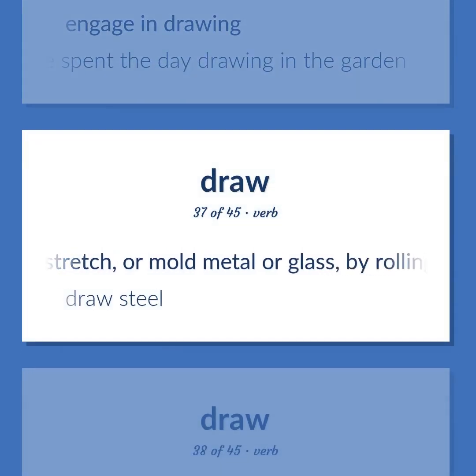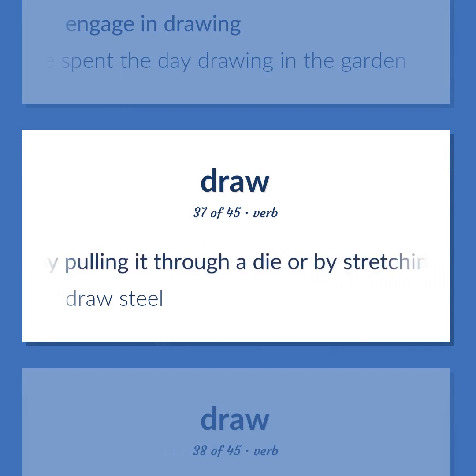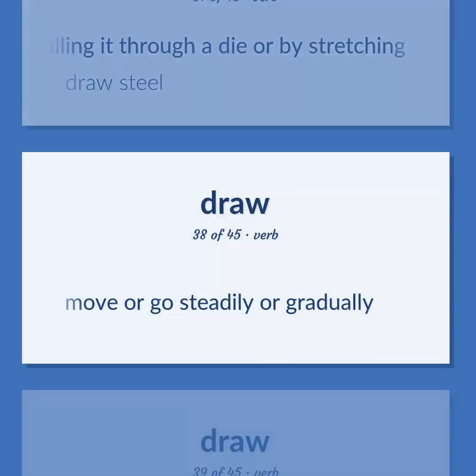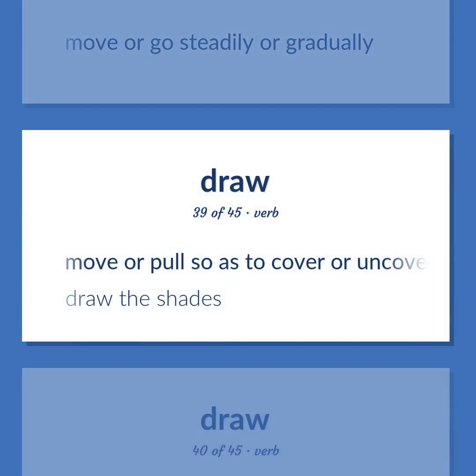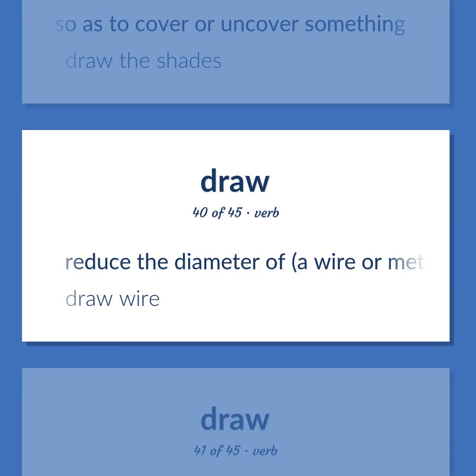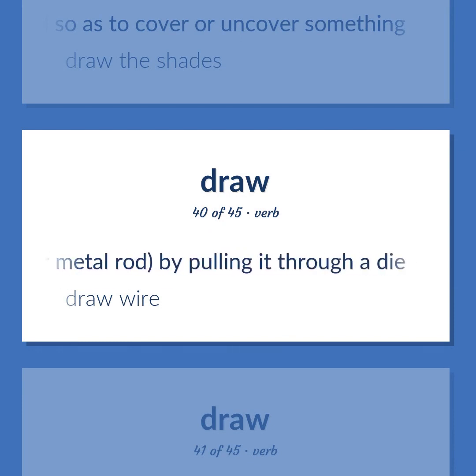Flatten, stretch, or mold metal or glass, by rolling or by pulling it through a die or by stretching. Draw steel. Move or go steadily or gradually. Move or pull so as to cover or uncover something. Draw the shades. Reduce the diameter of a wire or metal rod by pulling it through a die. Draw wire.